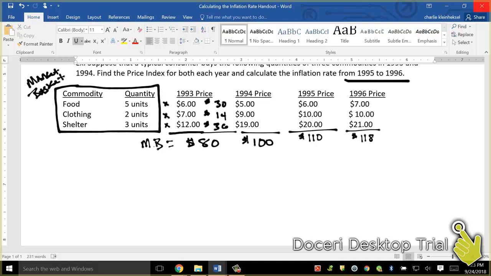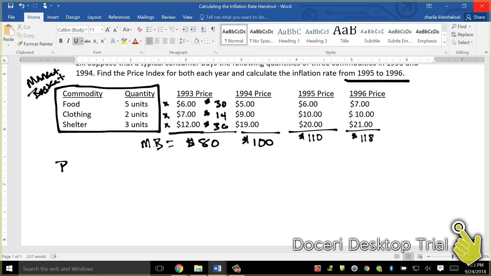Just the value of the group of goods for that year. Now, moving on. Part 3 says that we need to convert our market basket into a price index. So the formula is on your sheet, and I'm just going to write it down to the side.